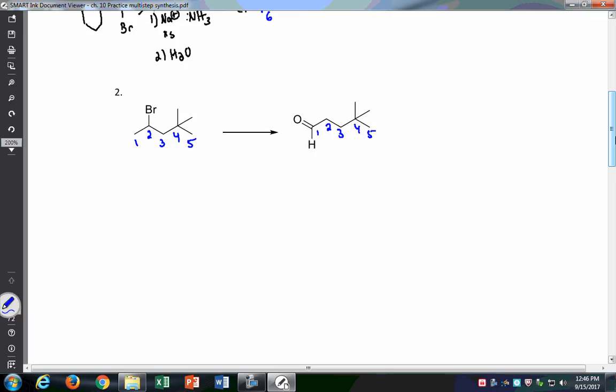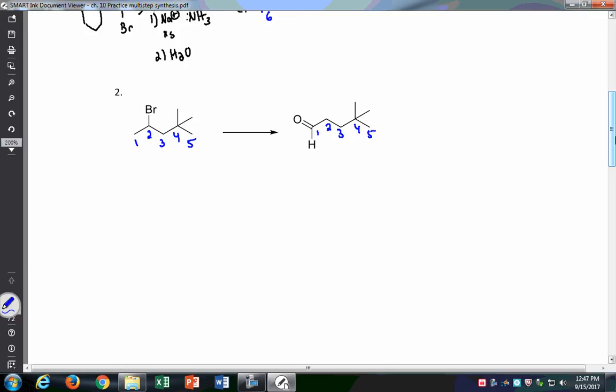Sometimes there'll be multiple ways that are equally going to give you, or at least theoretically going to give you, close to the same yields. The best way is typically a route that's shorter, though if it's the difference between 3 steps and 4 steps, it's not that different. The difference between 3 steps and 20 steps, 3 steps is better. Every step you're going to lose compound when you try to work it out and separate it.